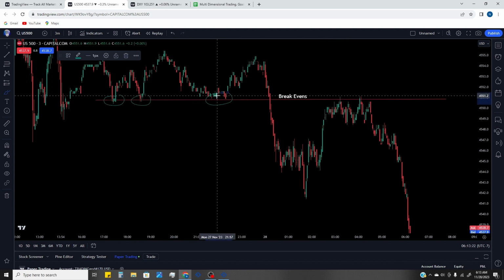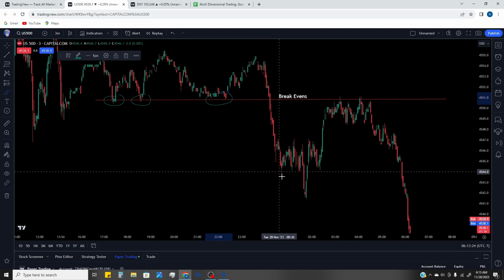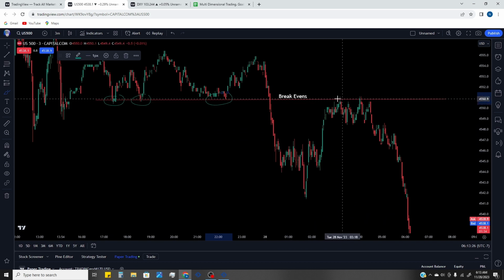Remember, they were long here. Comes back, they don't want to be long anymore. They're just happy they got their money out. So all that long interest propping up the market is gone. You turn these buyers into sellers. Simple as that.